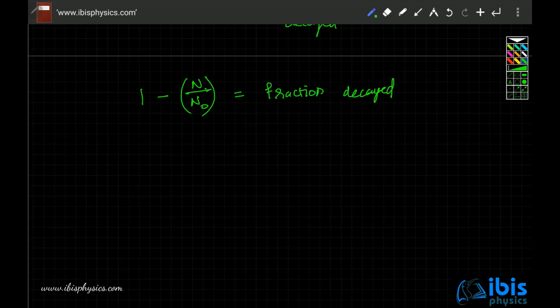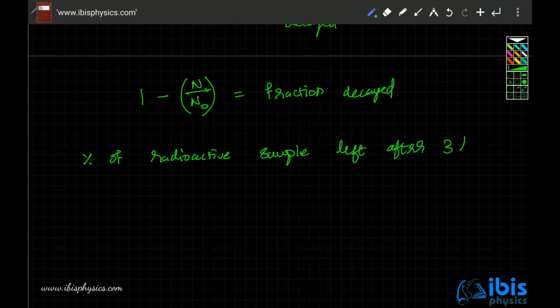A very useful formula: suppose I am asking a question, what is the percentage of radioactive sample left after 3 half-lives? Then N by N naught is fraction left, and percentage left is into 100.